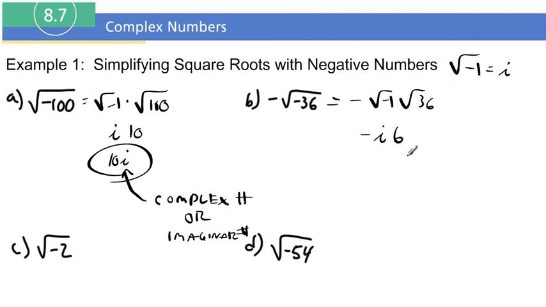Let's rewrite that so it looks more appropriate: negative 6i. As you can see, it's tedious to keep writing the square root of negative 1. So anytime you have a negative radical, just stick on the i, and then treat it as if it were positive. Now let's look at C.